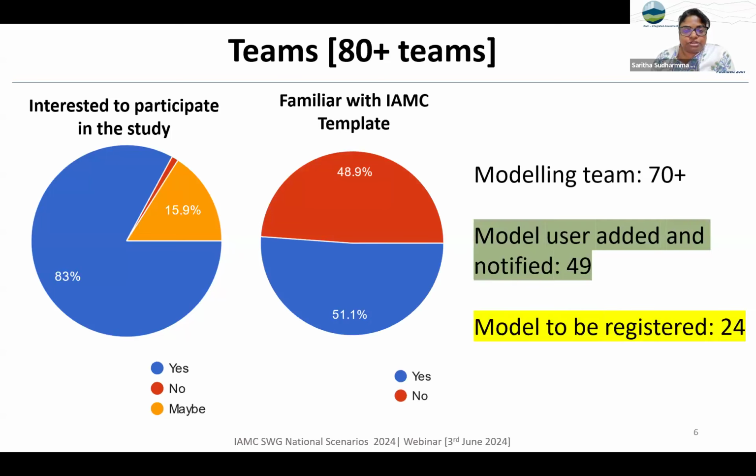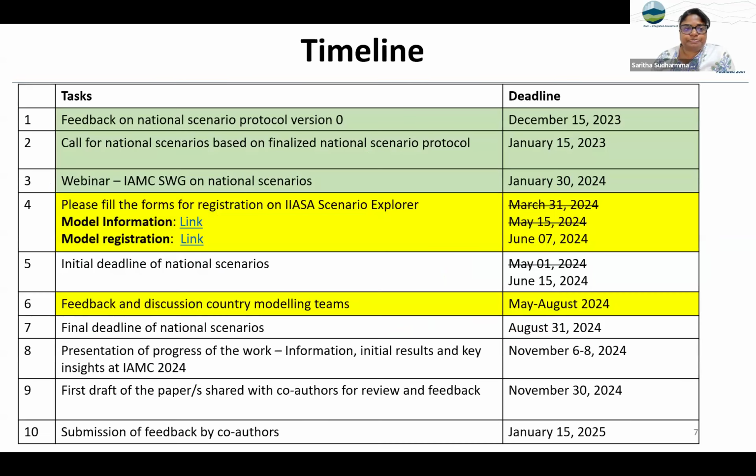And of the teams, 70 plus have already given information for registration. 49 teams have already been added and notified to submit their scenarios to IIASA Scenario Explorer. There are still modeling teams that are being registered. So we have around 20 plus teams that are still in the process. Hopefully it will be completed by this week or early next week.